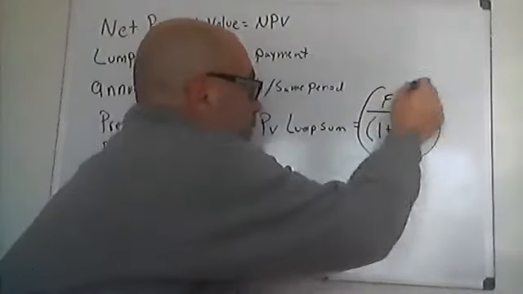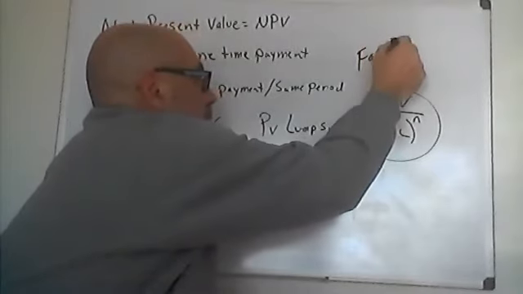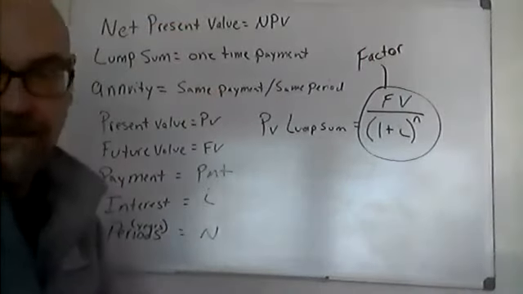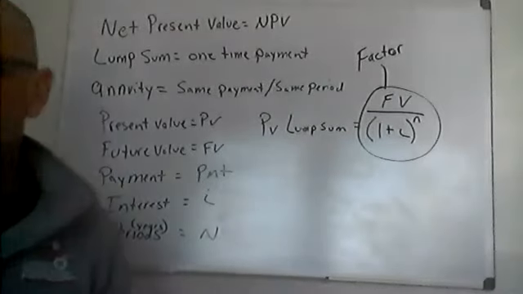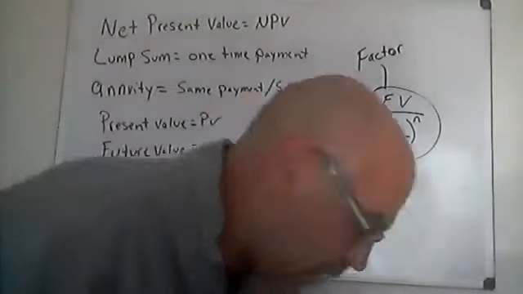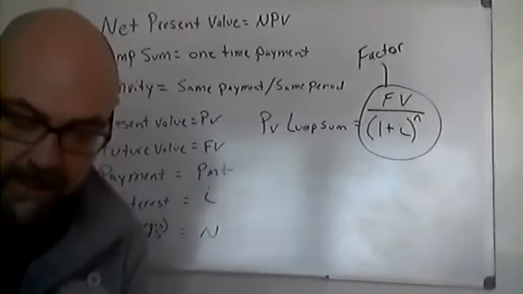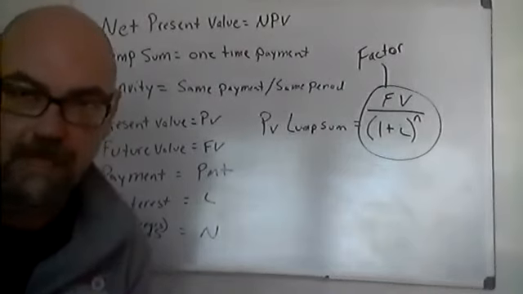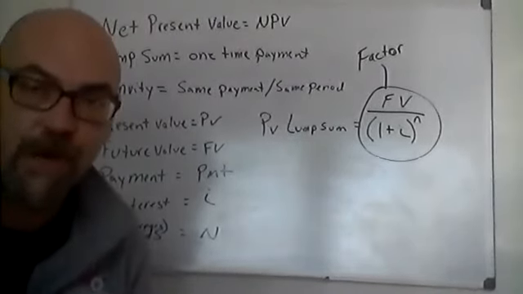This right here is also known as a factor. That is why you have your charts. For a lump sum, we are looking at the table that just says present value tables. You might see one that says present value of 1, but it does not have the word annuity in it.